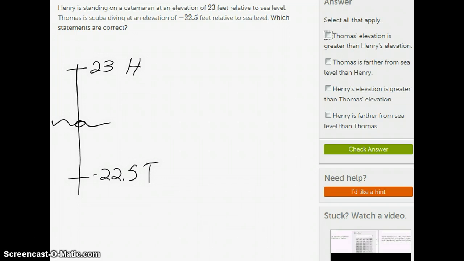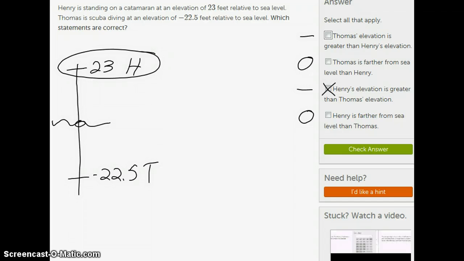So we have the two questions. Thomas's elevation is greater than Henry's elevation, or Henry's elevation is greater than Thomas's elevation. It's just saying who has a greater elevation. The greater elevation is the 23, which is Henry. In the second question, it's asking Thomas is farther from sea level or Henry is farther from sea level.